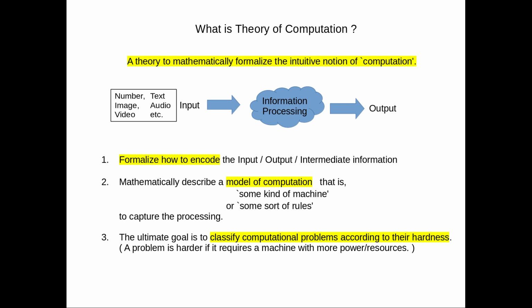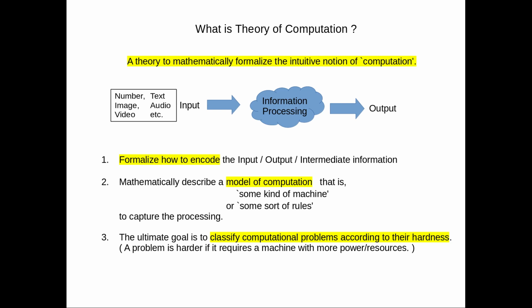Maybe you have some intuitive notion that you can feed some data to a computer. That data can be anything. It can be a number, text, image, audio, video, whatever. And the computer somehow processes this information and gives you some output, right? Now none of this is a mathematical entity.